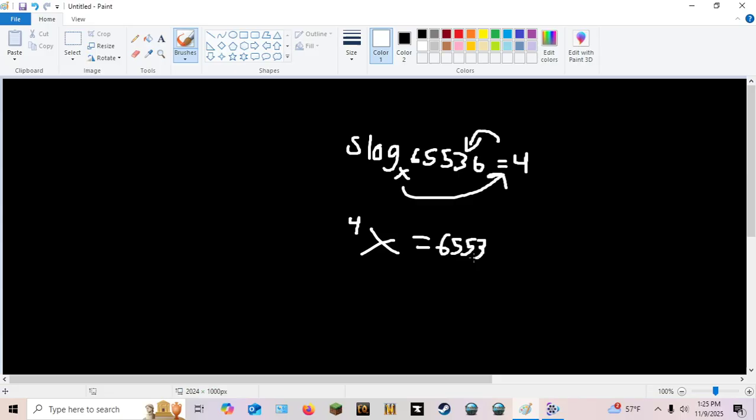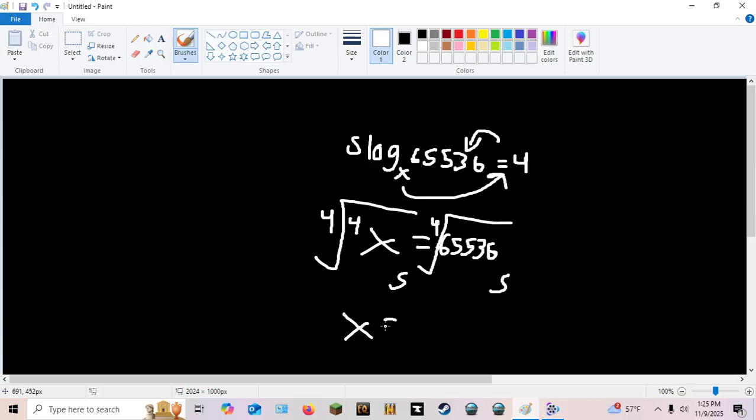I converted it to tetrational form. Now I just have to take the super fourth root of both sides, since the 4's cancel, giving us x by itself. x equals the super fourth root of 65,536, which equals 2.